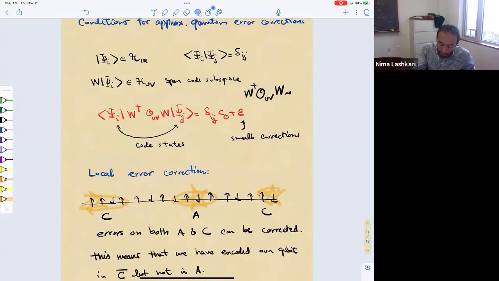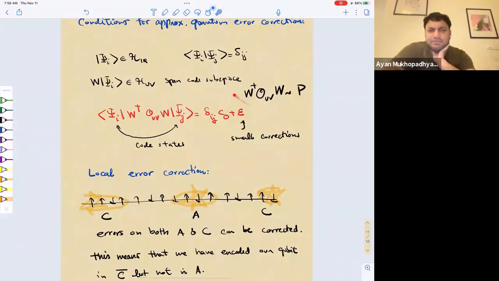Let me not. I want to write it as a projection. Yeah, I think this becomes proportional to a projection. That's what happens. But this is very similar to the eigenstate thermalization hypothesis, right?